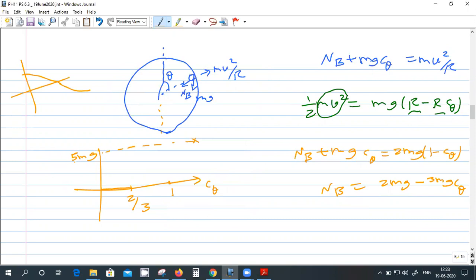And in this one, the plot will go from 2/3 to -1. So this is 5mg. Before that it is 0. From here it should start increasing. Getting it?